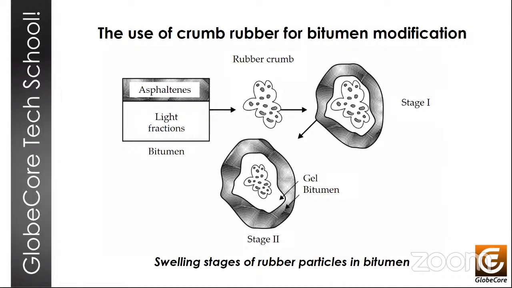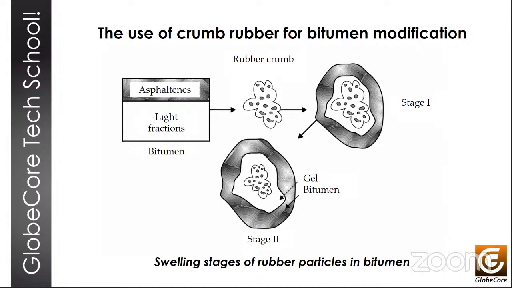So when making bitumen rubber compositions, the technology process involves complete homogenization of this mixture of bitumen with rubber, followed by vulcanization, and that leads to cross-linking of macromolecules.